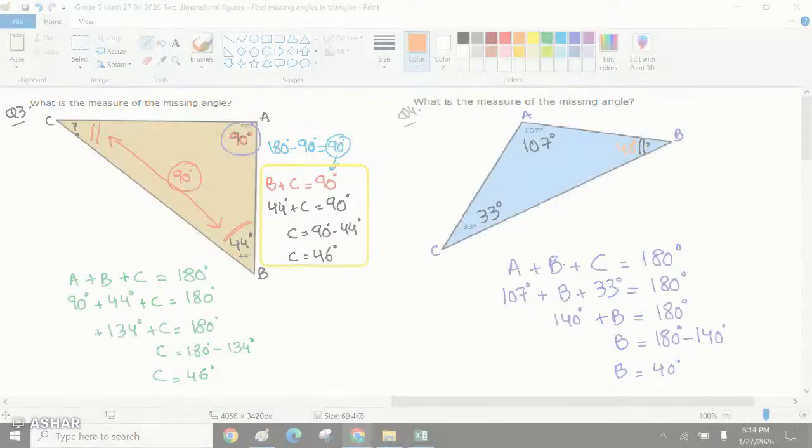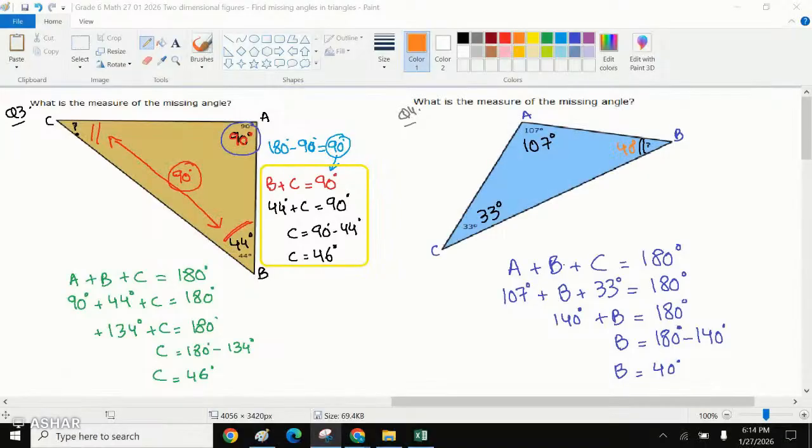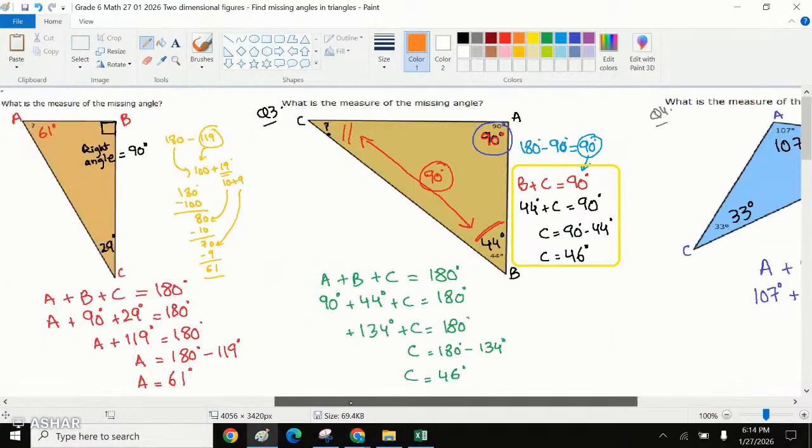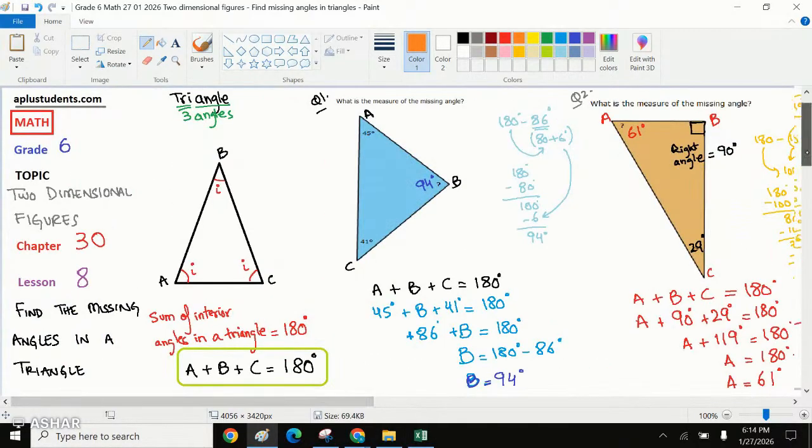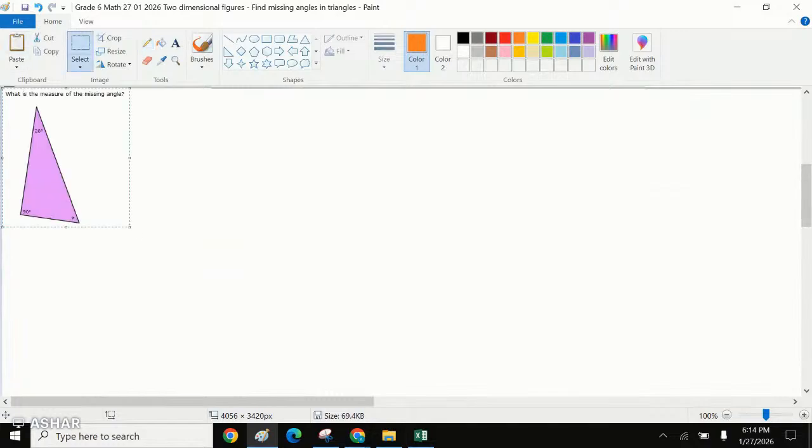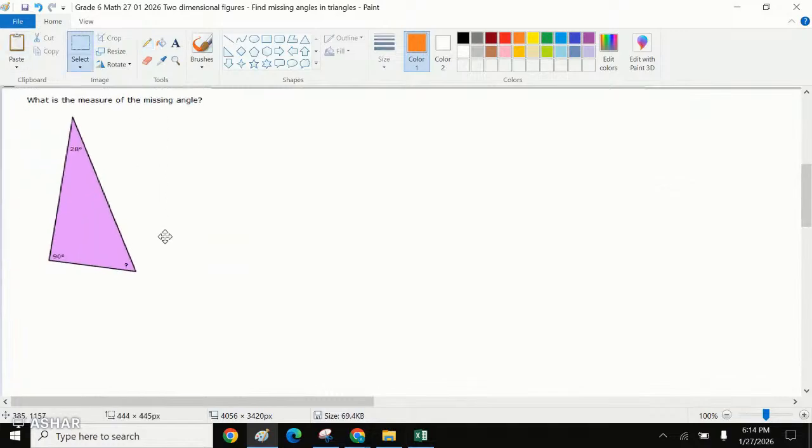The next question says, what is the measure of the missing angle? And that's question number 5. We need to find the missing angle. I'll write down the angles. This was 90, this was 28, and this was missing.